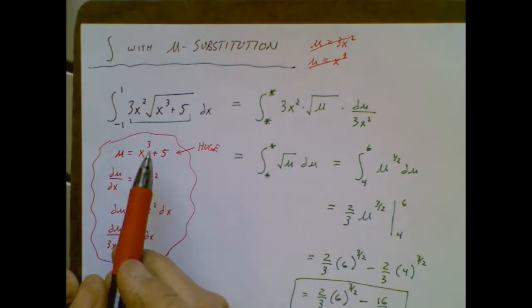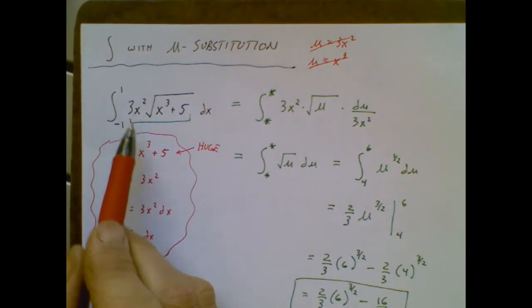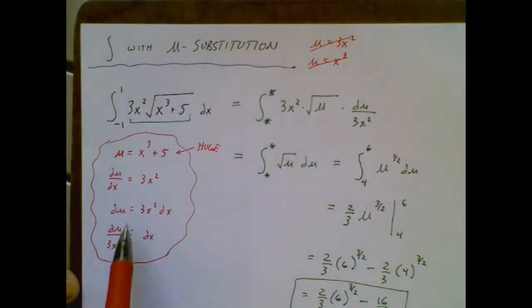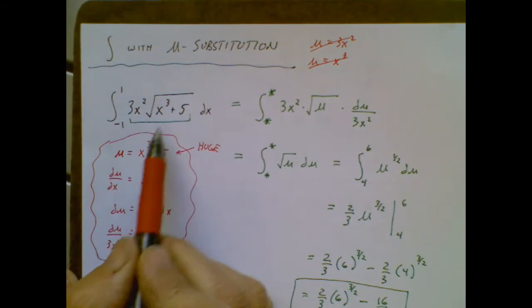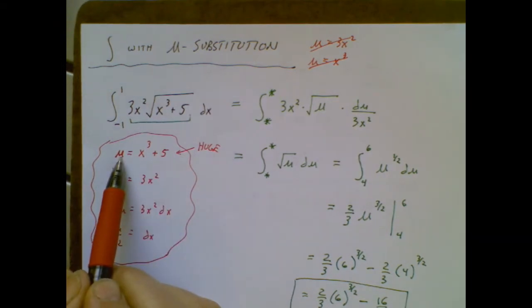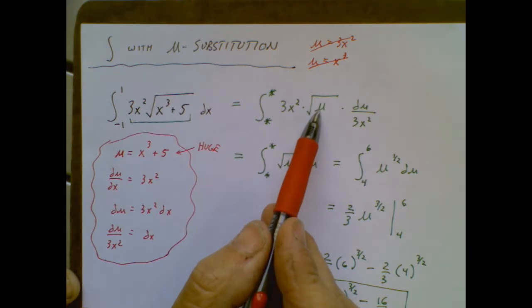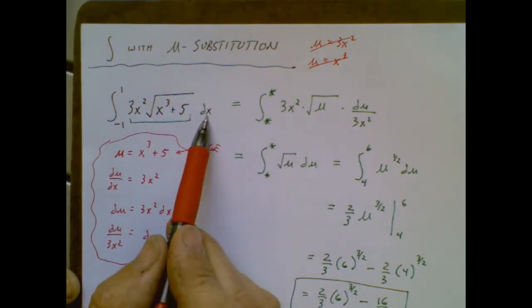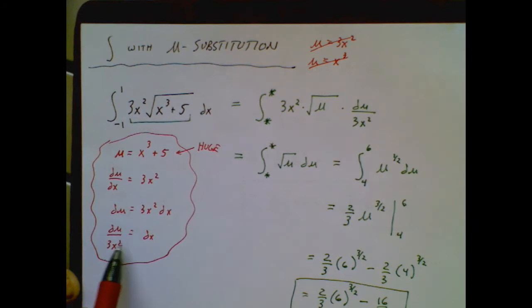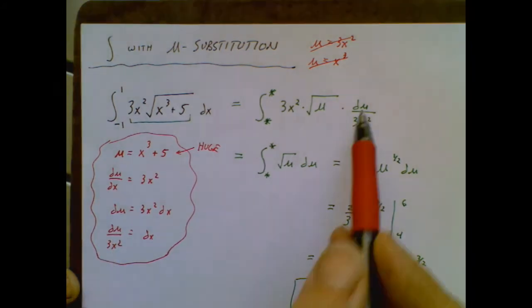So here's what I do. The 3x squared, as I look through here, doesn't really have a perfect substitute, but the x to the third plus 5 does. X to the third plus 5 can be replaced with a U. The dx can be replaced with du divided by 3x squared.